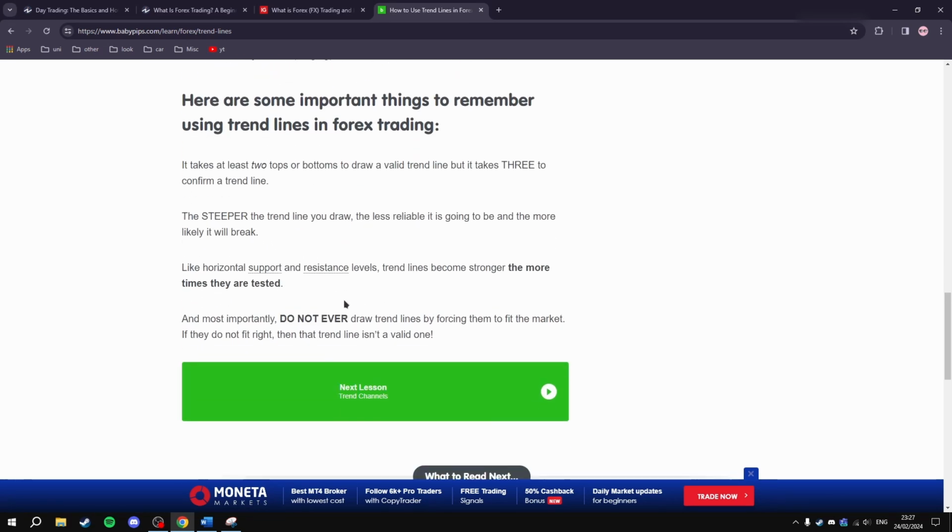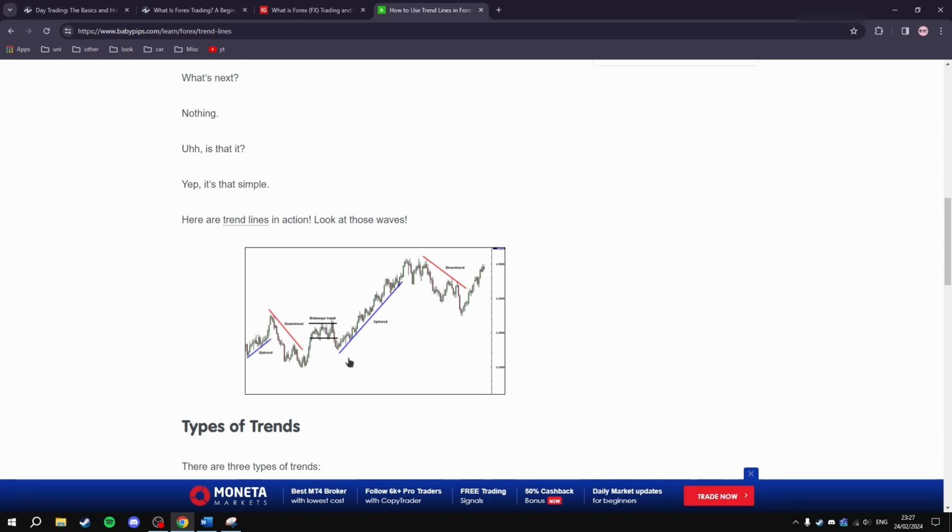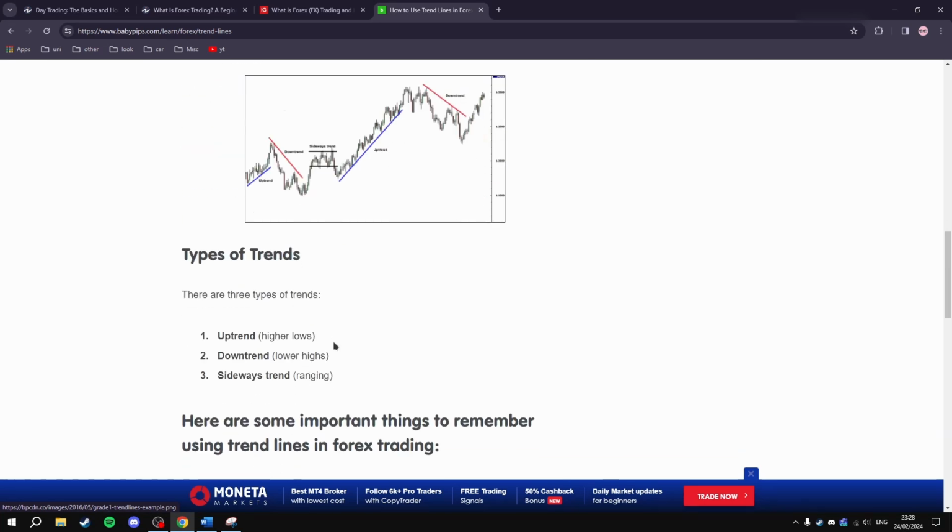Right, okay. The steeper the trend line you draw, the less reliable it is going to be and the more likely it will break. Steeper means the gradient of the trend line. So if it's like that, then it's more likely to break than doing it like that, right?